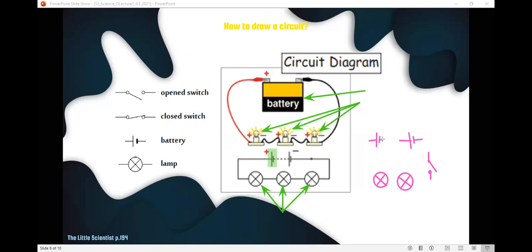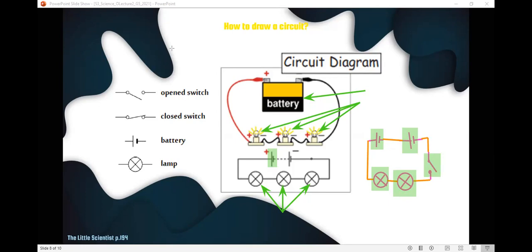Connect them like this using wires. And this way I have a circuit with 2 batteries, 2 light bulbs, and an open switch.